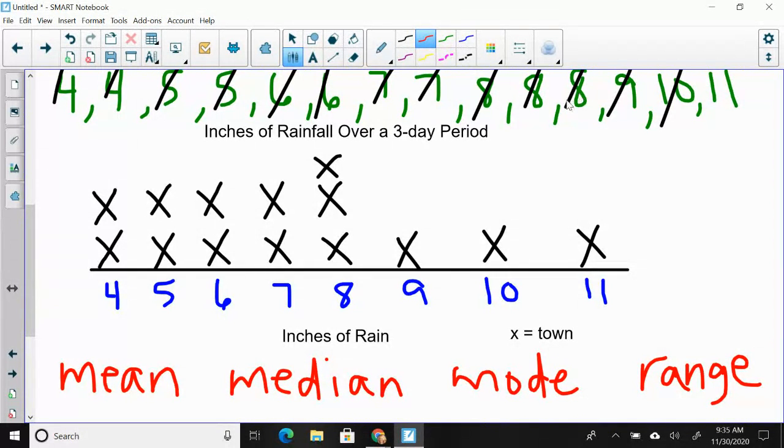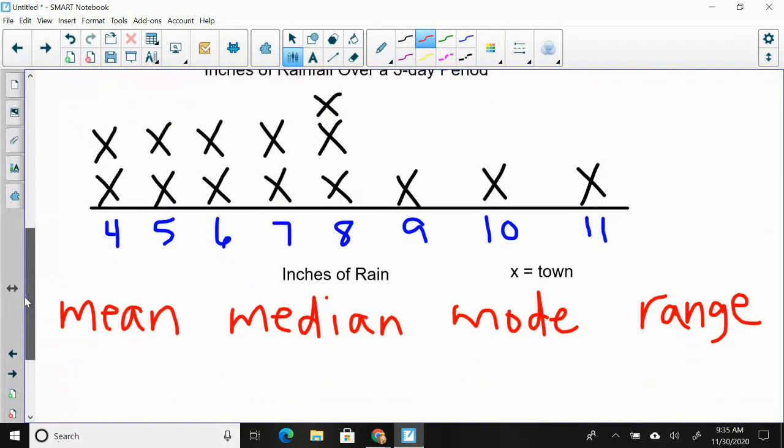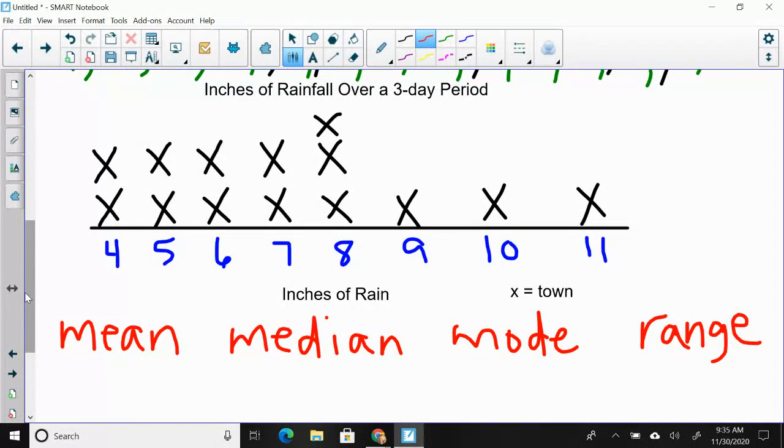We had 3 8s. It appeared the most times. On our line plot, we can easily see that this data point right here repeated itself 3 times, okay? It's the column that is the one with the most X's. So we had 3 8s in our data point. So the mode is the one that appears the most. So I am going to put the number 8.